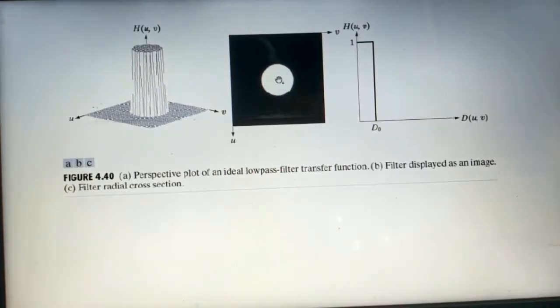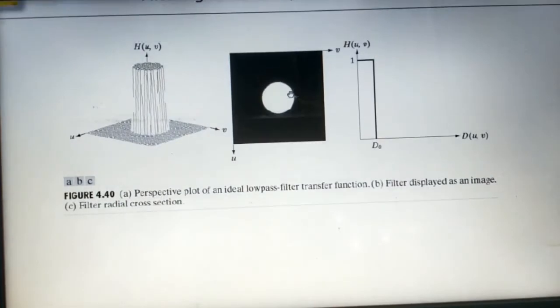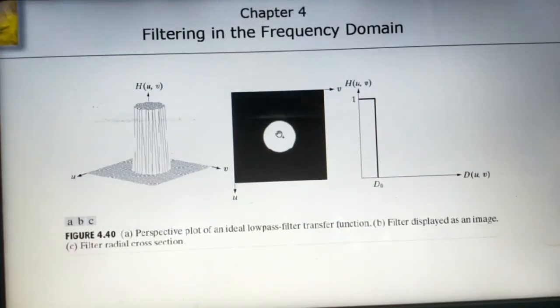You will see that if the origin is somewhere here, up to a certain radius you are observing a white circle. The white portion represents the pass band of the low pass filter.